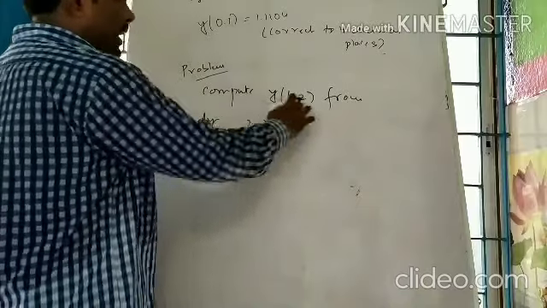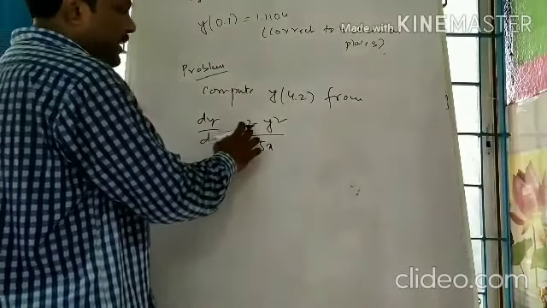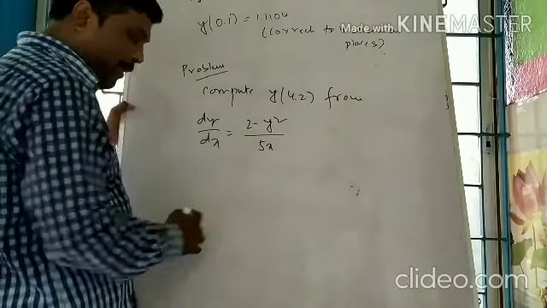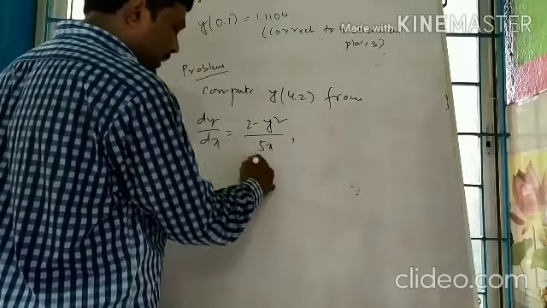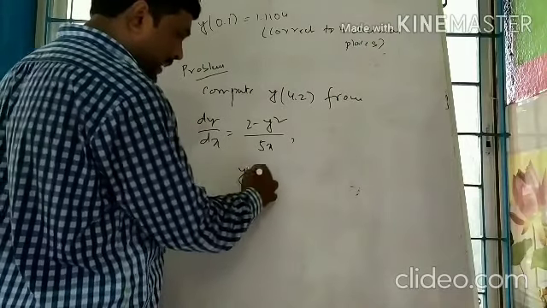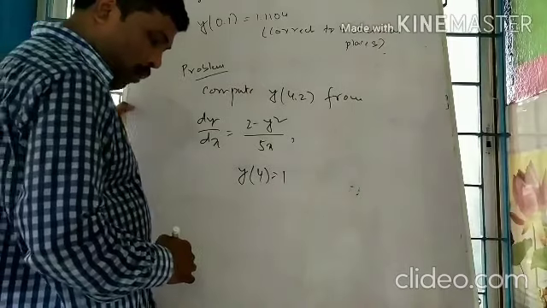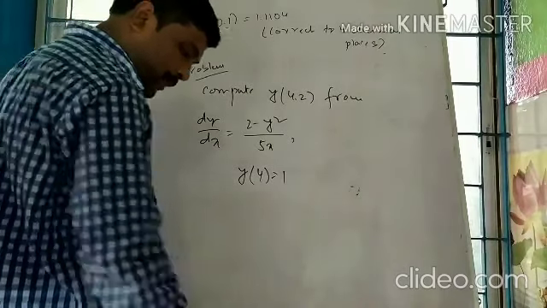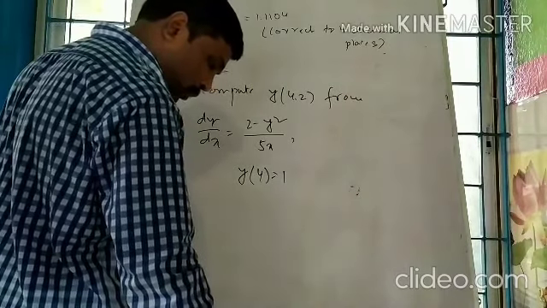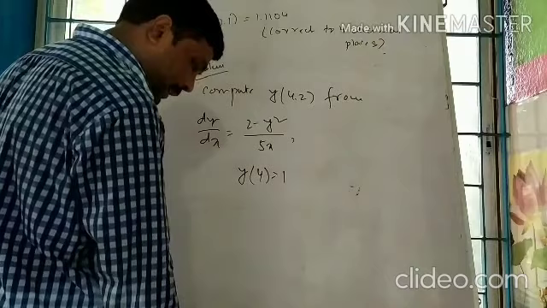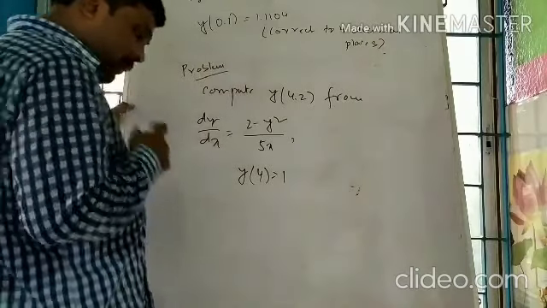The initial condition is y bracket 4 equals 1. Okay? Correct up to 3 decimal places.